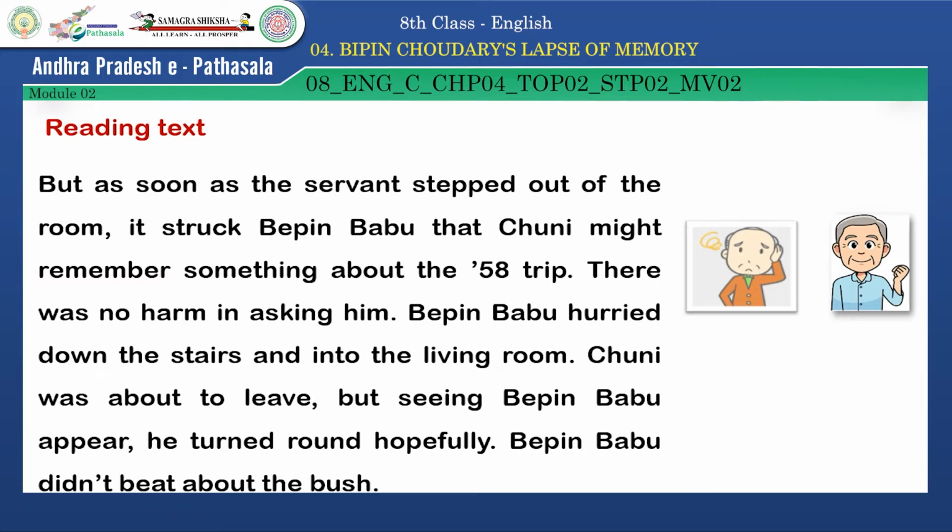When Chunilal was about to leave, suddenly Bipin thought that Chunilal might know something about the '58 Ranchi trip. So he came again, and Chunilal thought that Bipin Babu had come to give some solution or to help him. Okay, so this is the situation there.